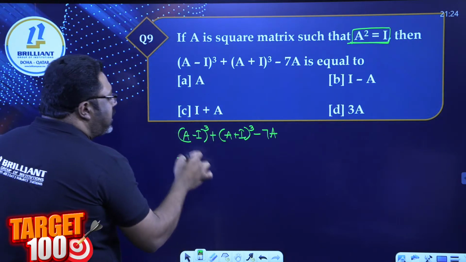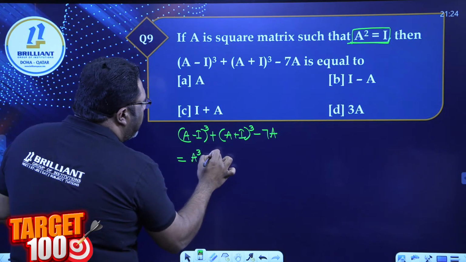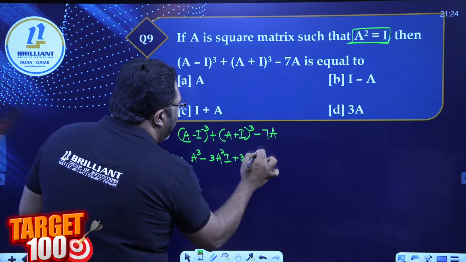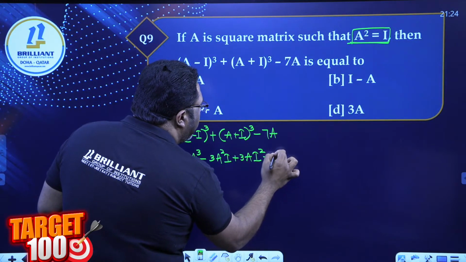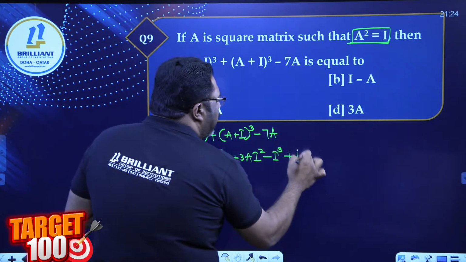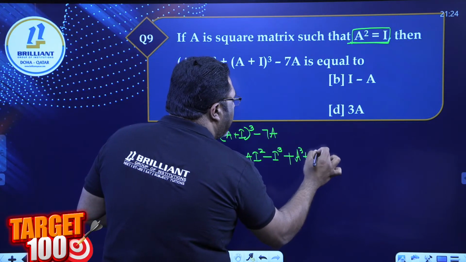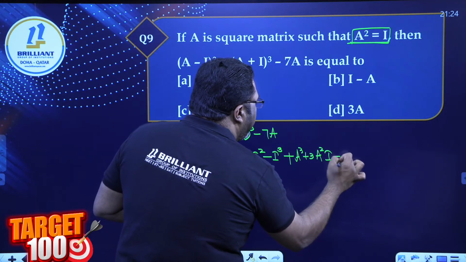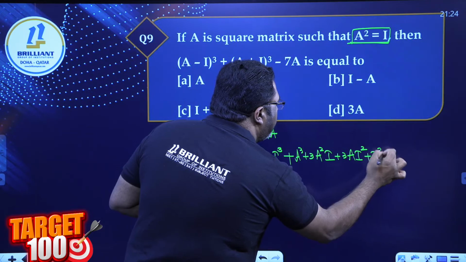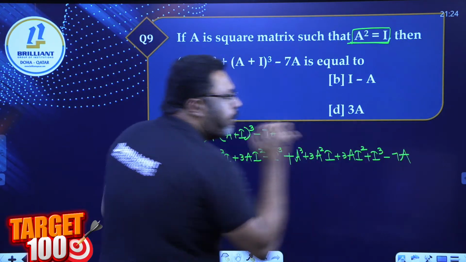It's like (A minus B) cubed, which is A cubed minus 3A squared B plus 3AB squared minus B cubed. Add it with (A plus B) cubed, A cubed plus 3A squared B plus 3AB squared plus B cubed.